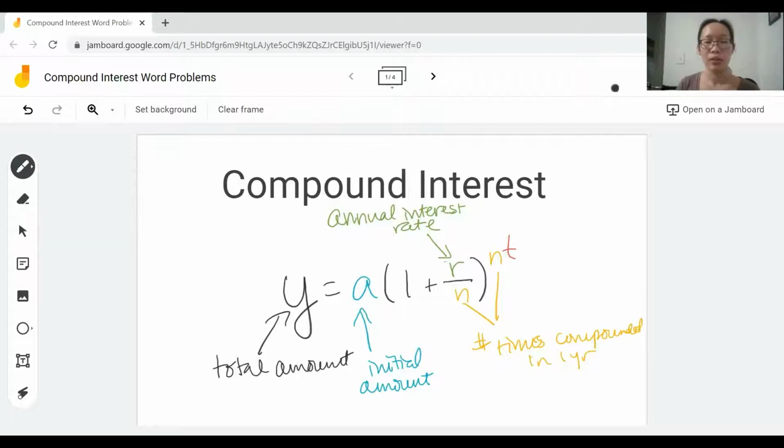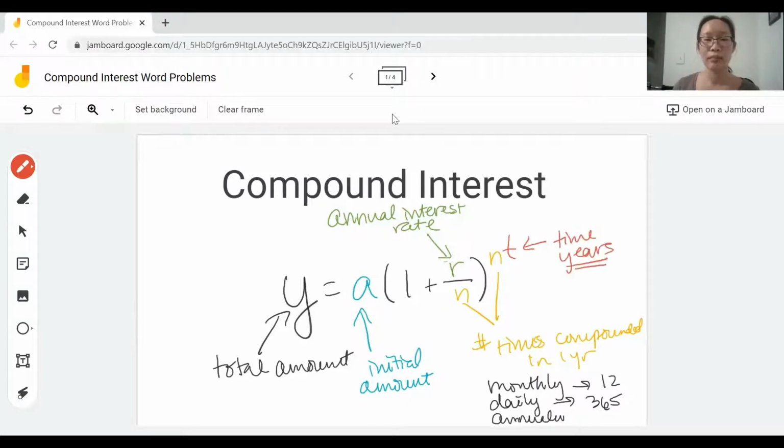So for example, if your interest is being compounded monthly, that means your n is going to be 12. If your interest is compounded daily, your n is 365. And if your interest is compounded annually, that's one time a year, that's 1. Finally, your t is your time in years. Let's take a look at some examples.